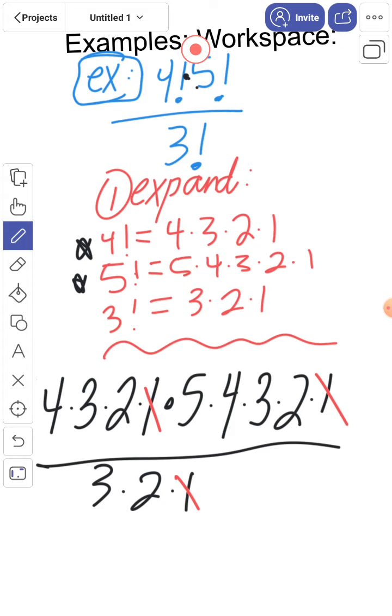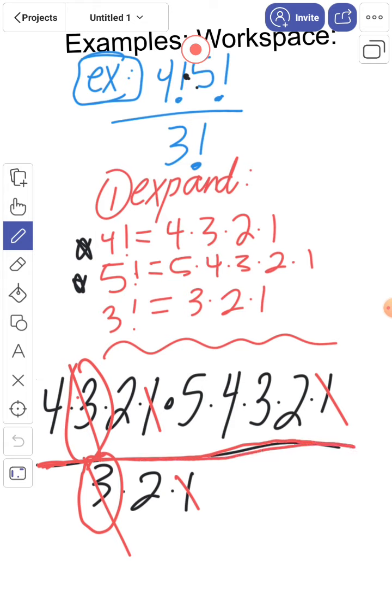So cross out all the ones, and I want to cross out as much as I can before I actually start multiplying, right? I want to make my life easy. So here's the trick: any number that you see on the bottom that has a partner on the top, you can cross those out. Because this line, this fraction, it's telling you to divide.